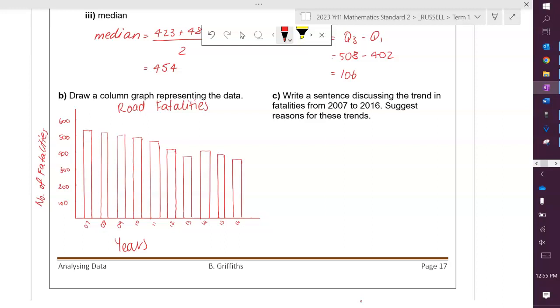And part C says to write a sentence discussing the trend in fatalities from 2007 to 2016, and suggest reasons for the trend. So we can see looking at this graph that it does decline. It does go back up a little bit in 2014, but then does start to decline again.